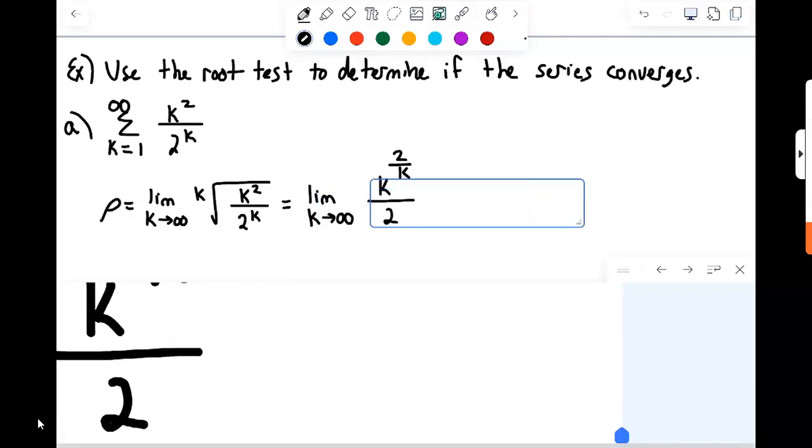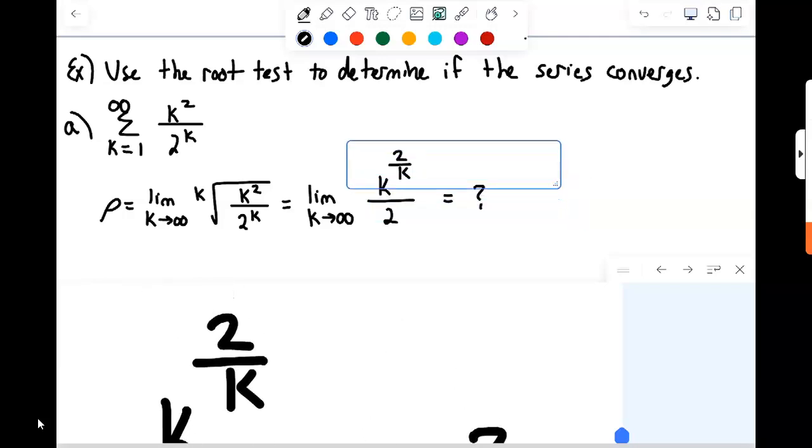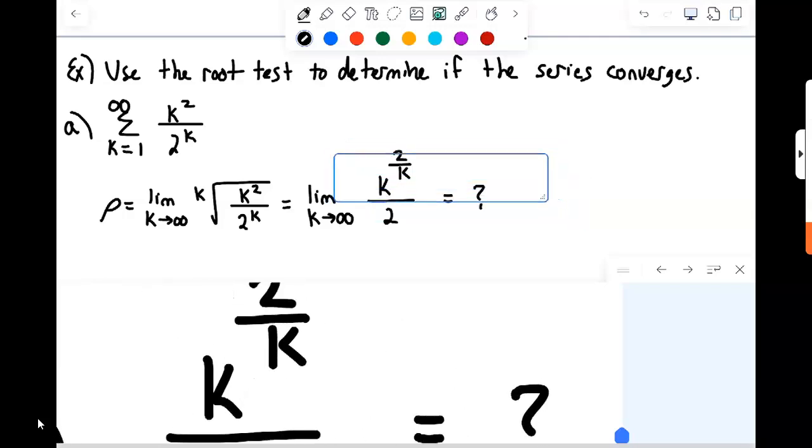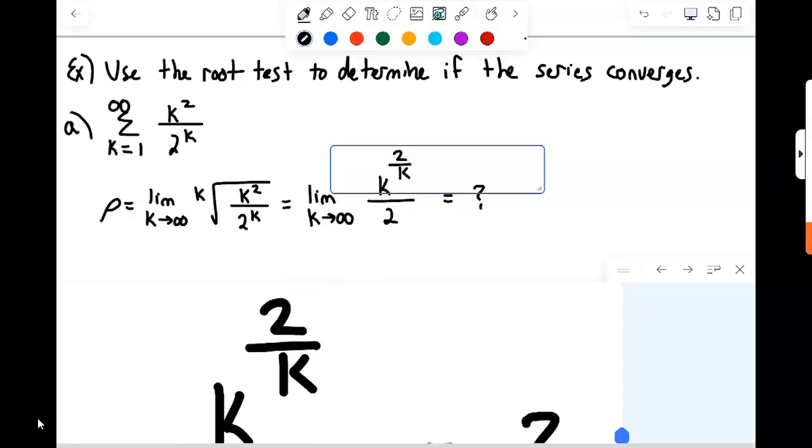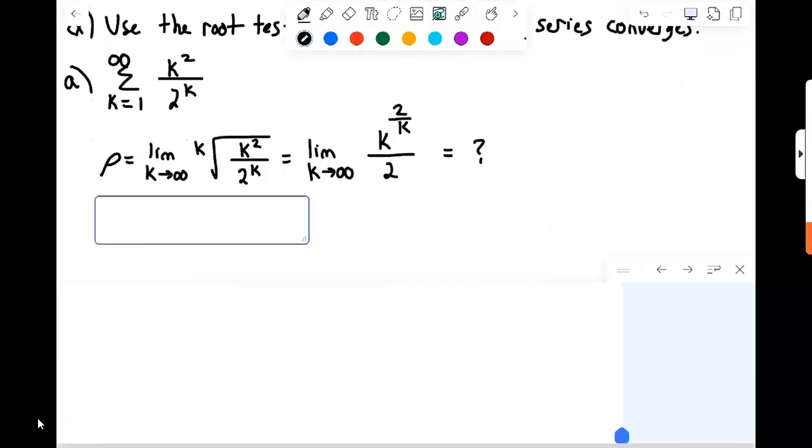So now the question is, what about this thing? We have to deal with this limit of k to the 2 over k power. How do we compute that?